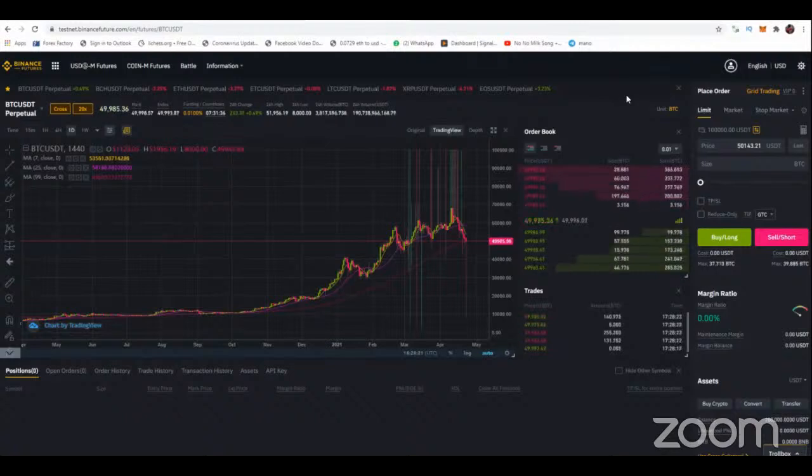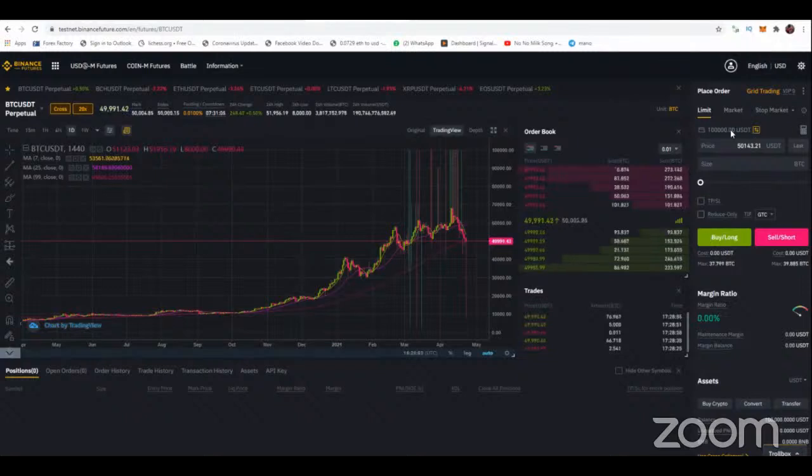But under the futures market, you don't need to have Bitcoin for you to sell Bitcoin. You don't need to have Bitcoin for you to buy Bitcoin. And so that's to give you a good understanding of the difference between the spot market and the futures market.